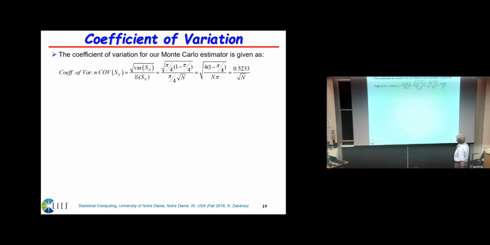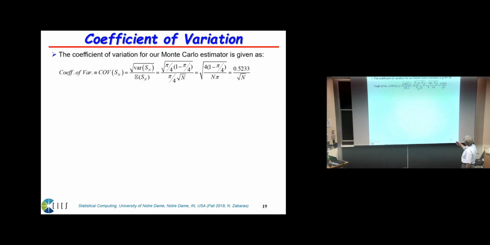So let me be practical now, and I'm going to compute for our estimator what is called the coefficient of variation. You may have seen this actually from slides on the first lecture, so you see it once more. The coefficient of variation for any random variable is basically the standard deviation divided by the mean. I'm using here the exact variance, okay?